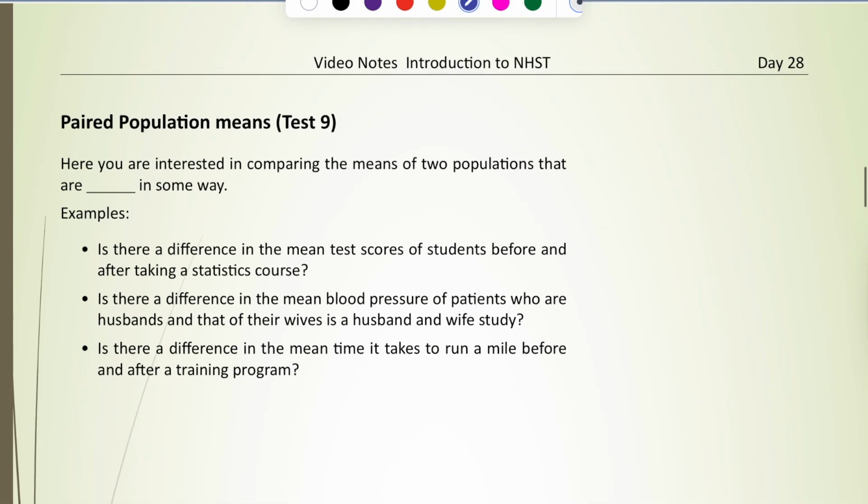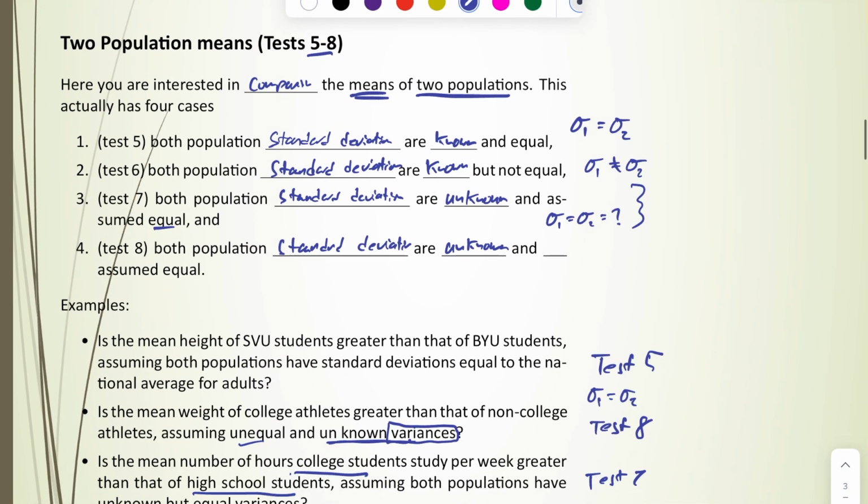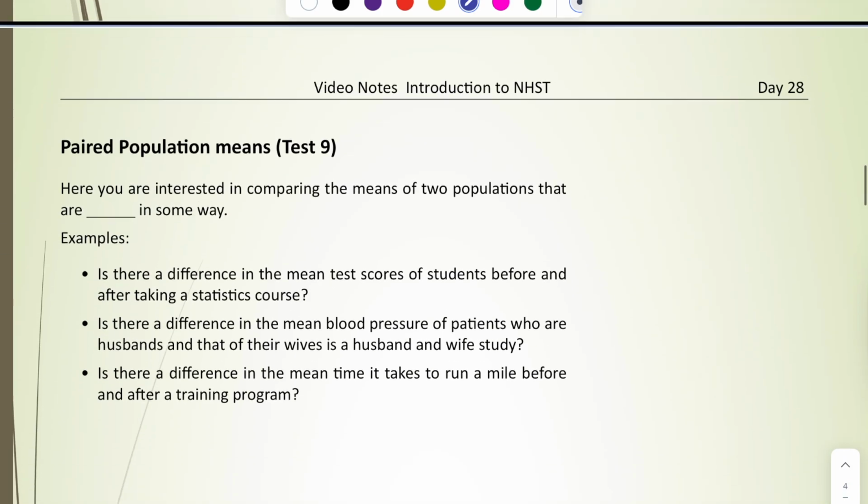Okay, now, one other little test here. In these tests, each sample that you will take will be independent, and the populations are somewhat independent as well. This next test, okay, this is test 9. You are interested in comparing the means of two populations that are related in some way.